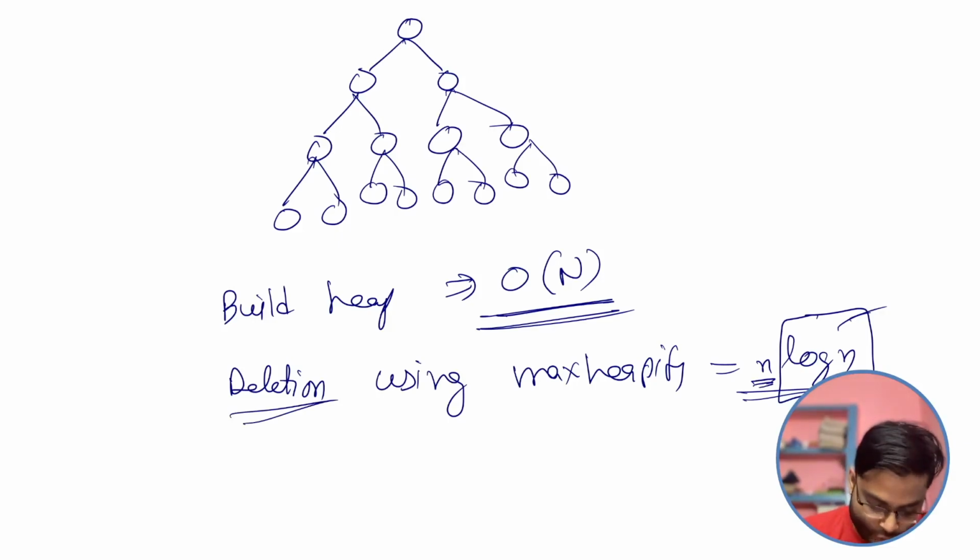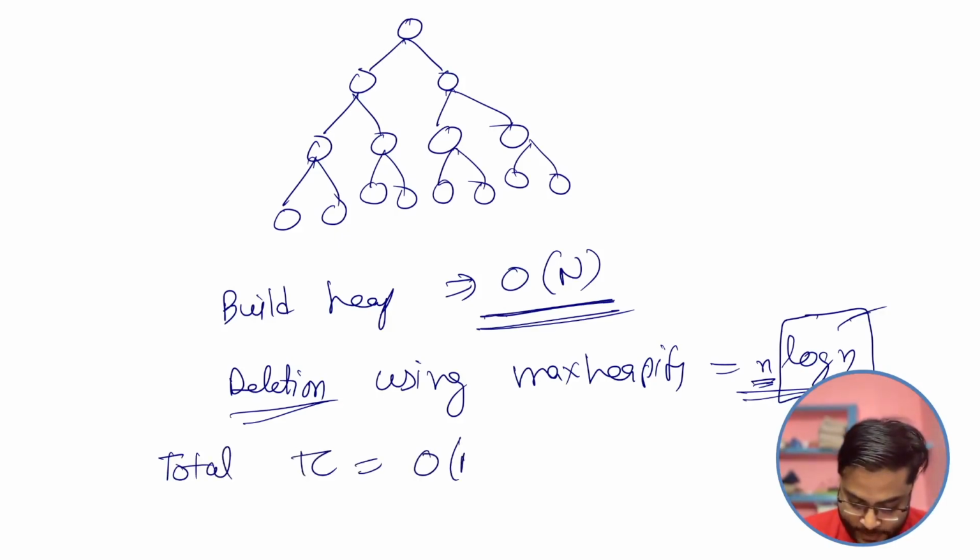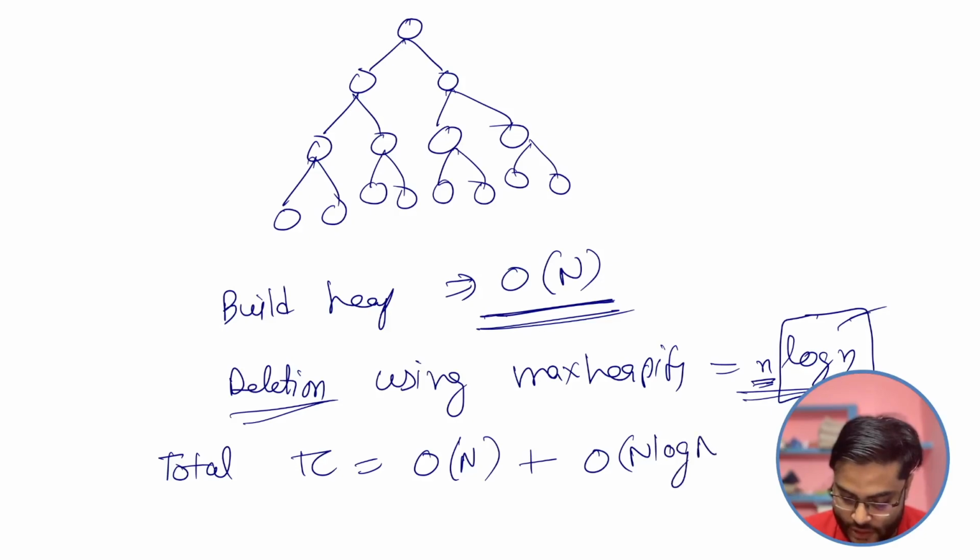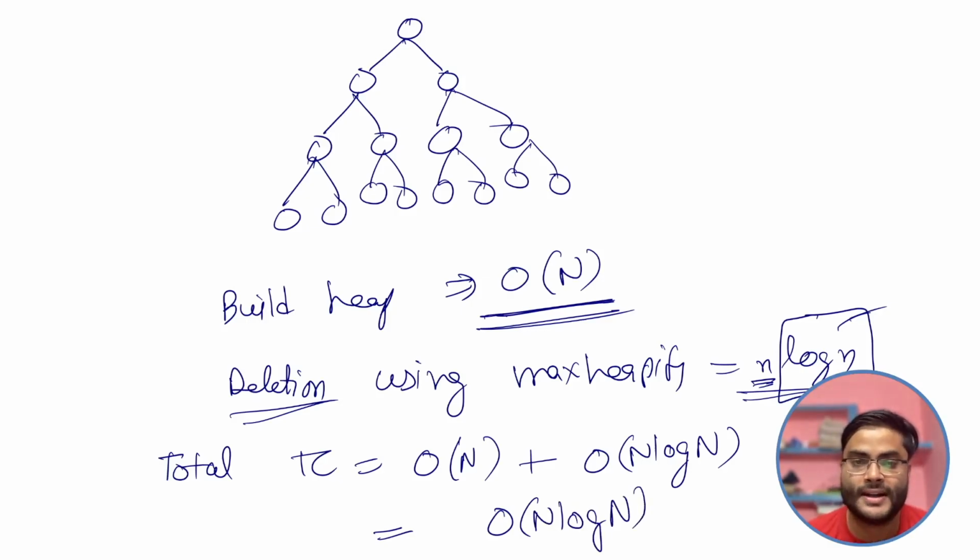So the total time complexity using this method will be: build heap will take order of n times, and deletion will take order of n log n times. So it will be nothing but order of n log n times. So heap sort, in best case, in worst case, in average case, takes order of n log n times.